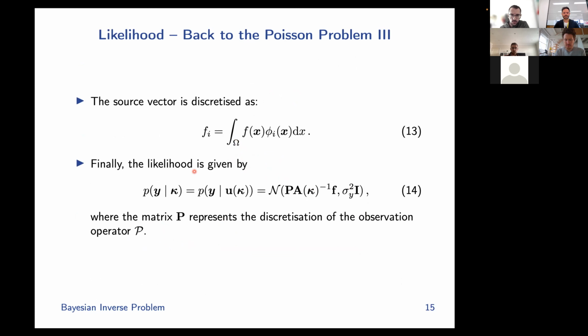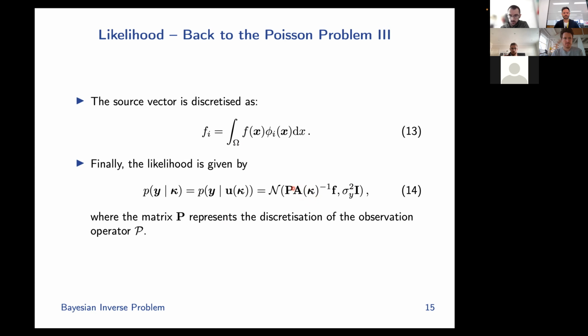After we put everything together, this is our likelihood term, where P is the discretization of the observation operator, the curly P we had from the beginning, which maps the solution of the PDE into the observations.